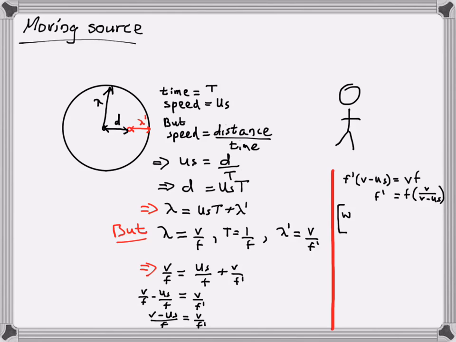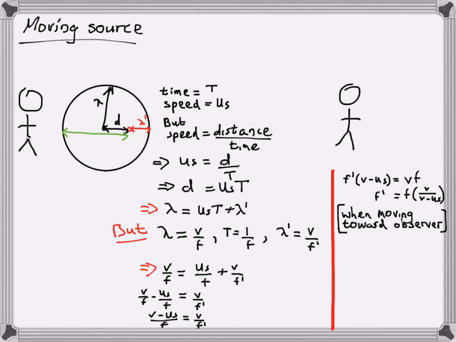Now this only works when the source is moving toward the observer. So what if I was standing on the opposite side over here and the source was moving away from me? Well, now the source is over here, remember, it's about to emit a new wavefront, and this other wavefront has reached this point here.